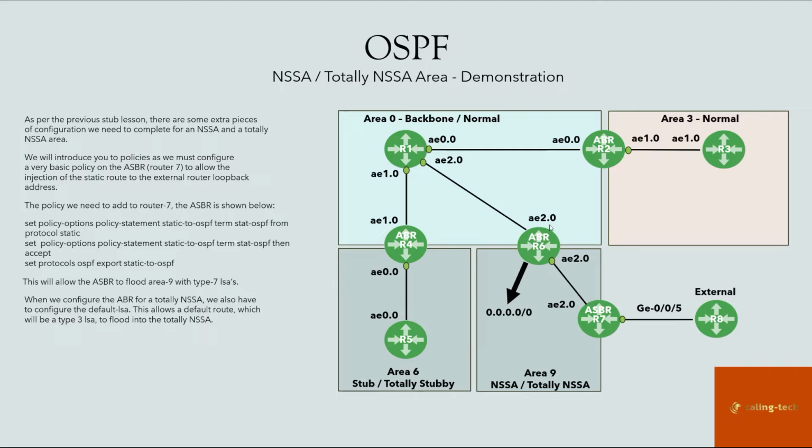That actually removes all the other Type 3 LSAs, if you remember from the previous lesson. So now that we have the topology discussed, let's complete the core of this tutorial, which is the configuration and examination of the config results.